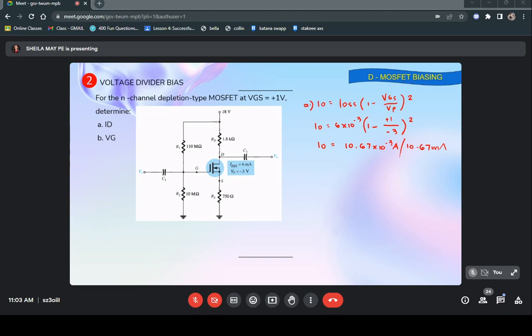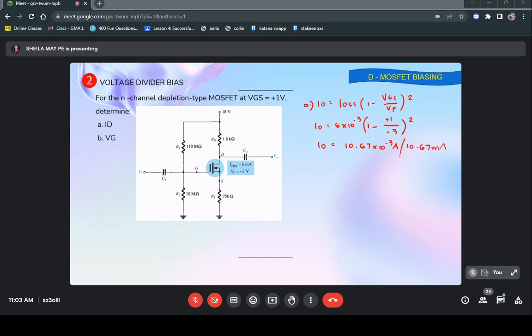And since VDS is equals to VGS, it has the same formula VDD minus IDRD. Nakasabot ra ba sa buot nako ipasabot? Class. Yes, ma'am.